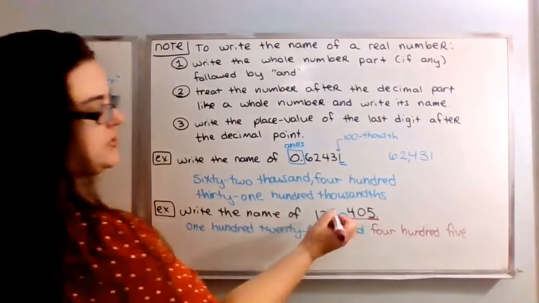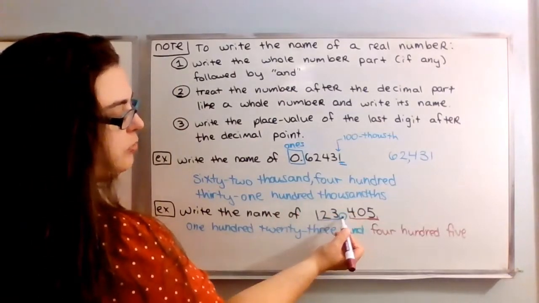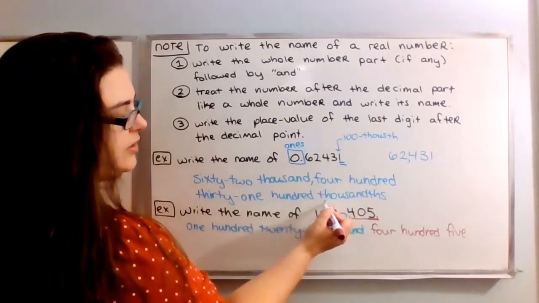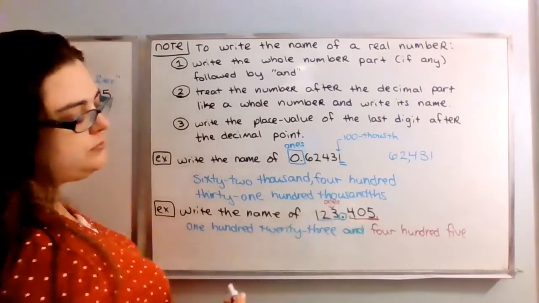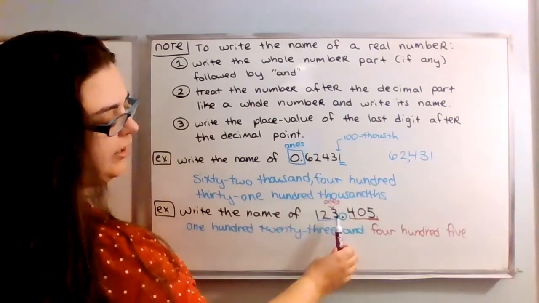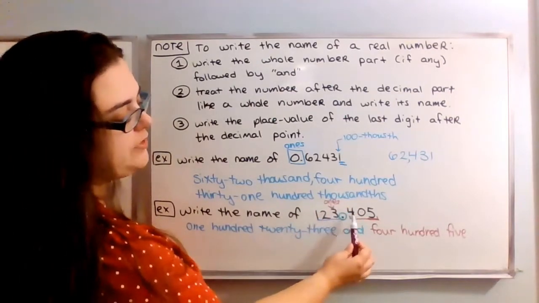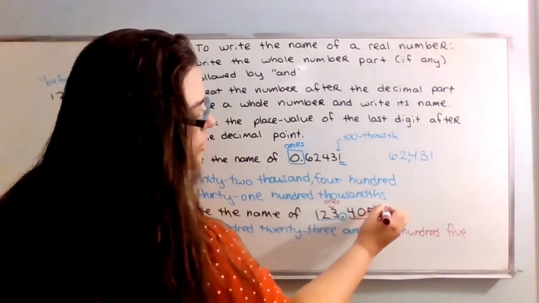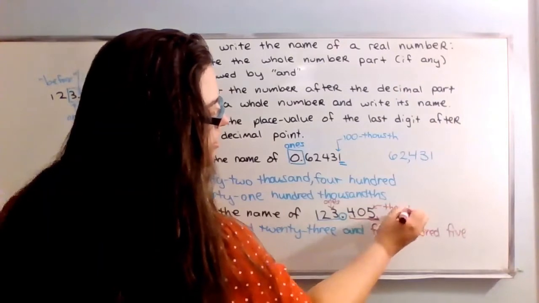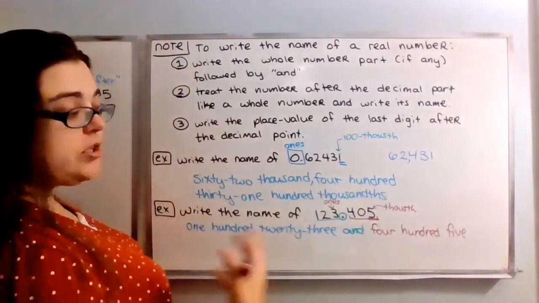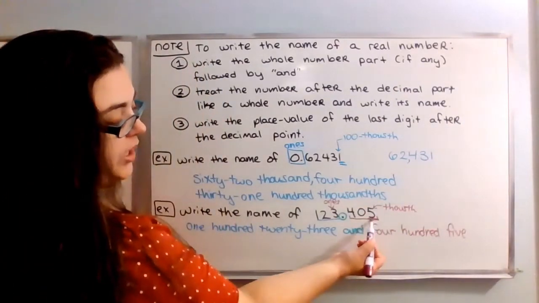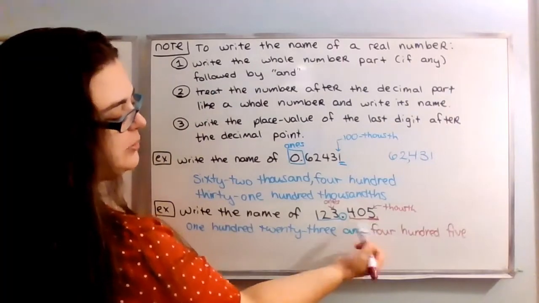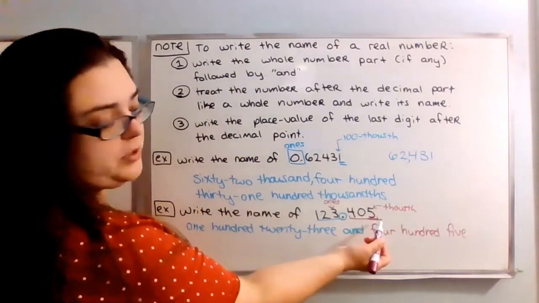Remember, this is our ones. You look for your decimal point, and immediately to the left is your ones place. Then we'll start counting with the THS. So we have tenth, hundredth, thousandth. The last digit after the decimal point is in the thousandths place.